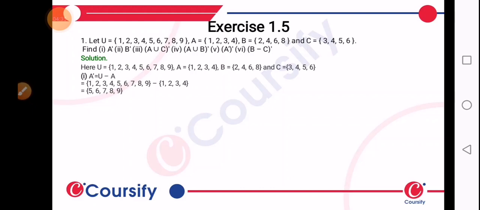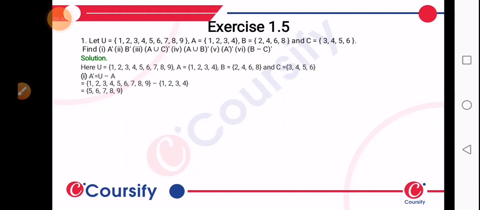A complement is none other than the universal set minus the set A, which means the complement of a set is everything in the universal set except the set itself.